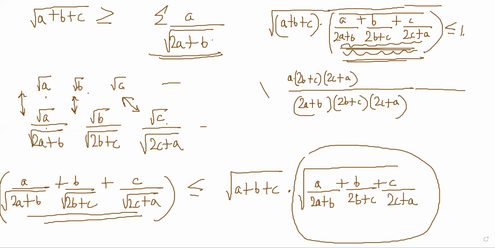What I can write is half into 2a by 2a plus b plus 2b by 2b plus c plus 2c by 2c plus a, and write it as 1 minus, 2a plus b minus b. So 1 minus b by 2a plus b, plus 1 minus c by, it will become 3 minus b by 2a plus b.